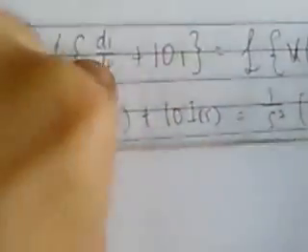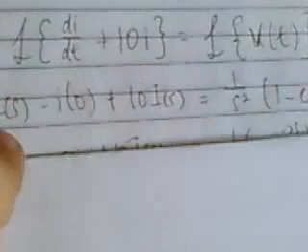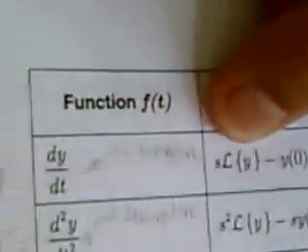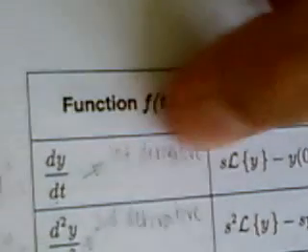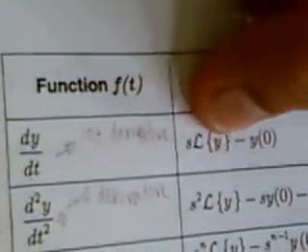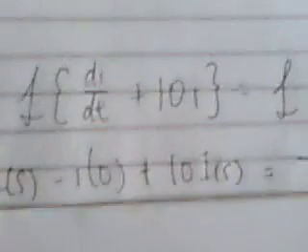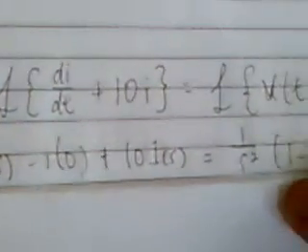Then we Laplace it by using this formula, first derivative: s Laplace y minus y(0). We get this equals to this. This is from the previous answer that we got.